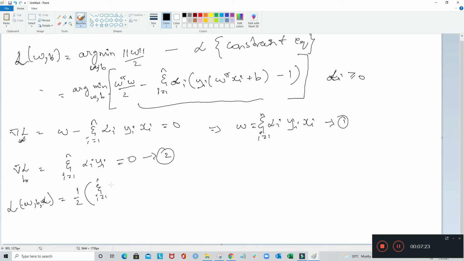We'll be using here alpha i yi xi whole square, minus summation i equals 1 to n alpha i yi, and my w is again summation, for j, we used i here, so j equals 1 to n alpha j yj xj.